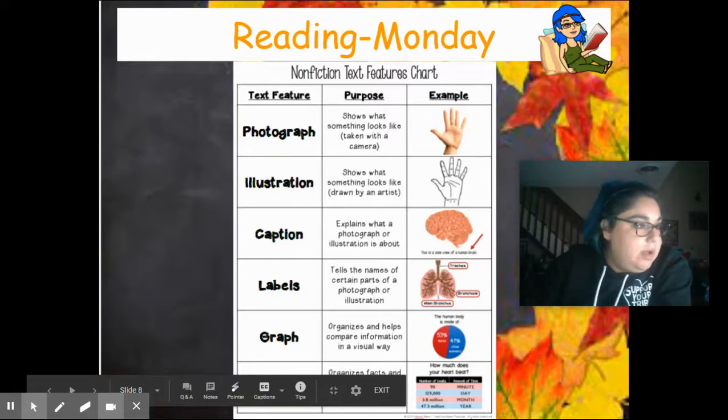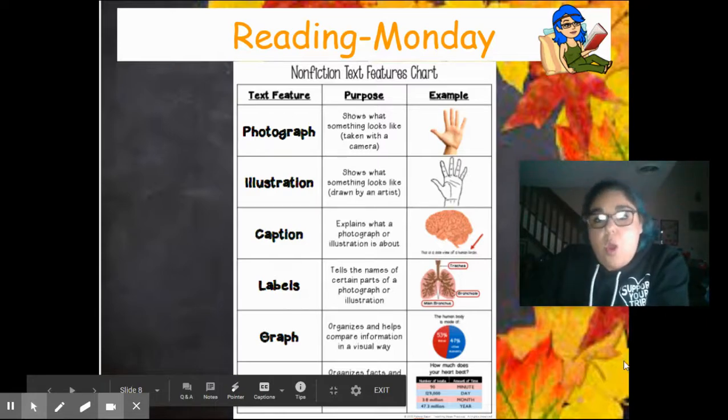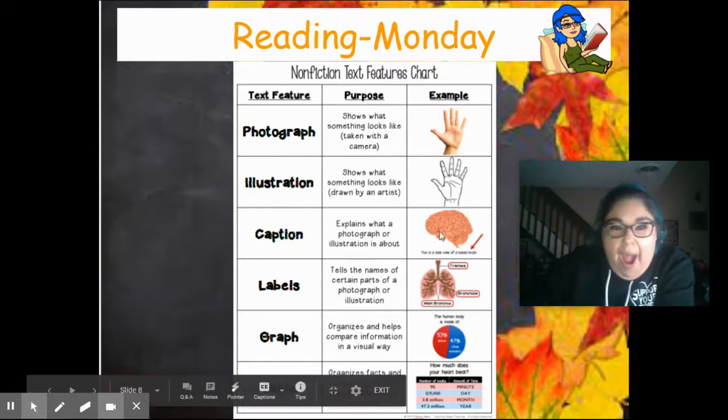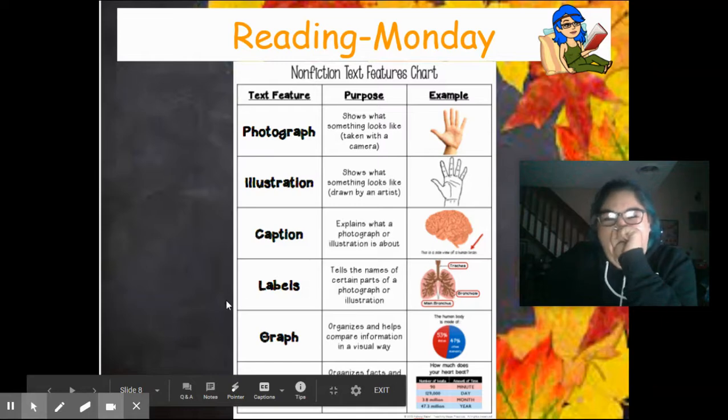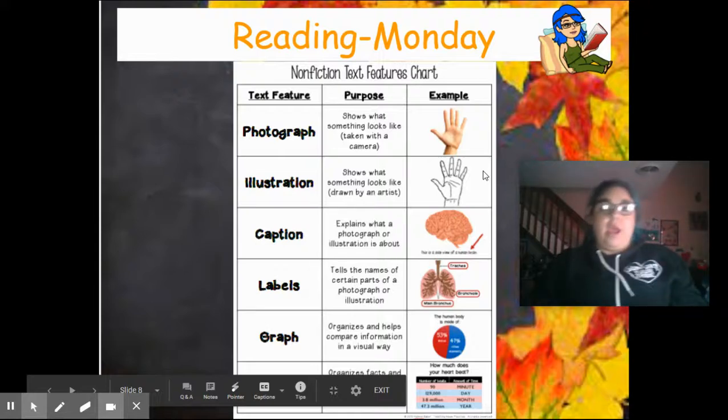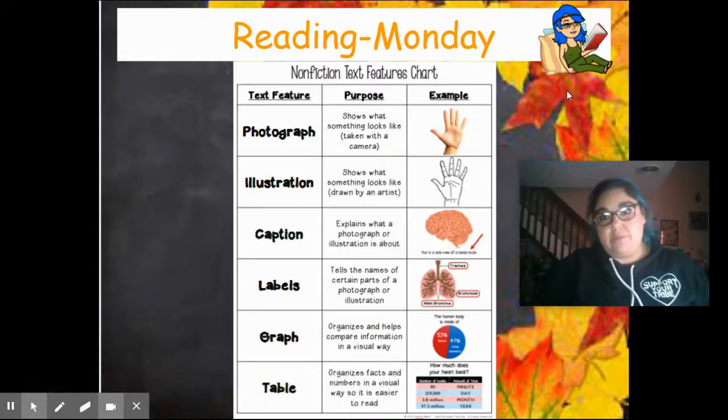This is a table. It organizes facts in different ways so that it's easier to read. We'll talk more about graphs and tables later on, but right now, these are the big things that I want us to be learning, or looking for when we read nonfiction books.